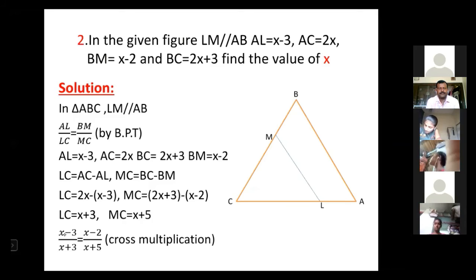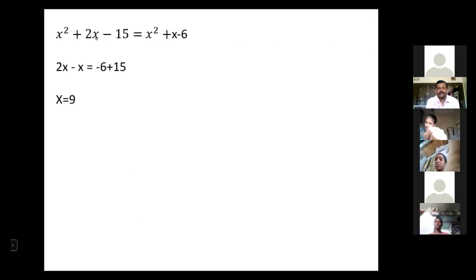By cross multiplying, we get x minus 3 into x plus 5 is equal to x minus 2 into x plus 3. So that is x square plus 2x minus 15 is equal to x square plus x minus 6. Now both sides x square and x square get cancelled.